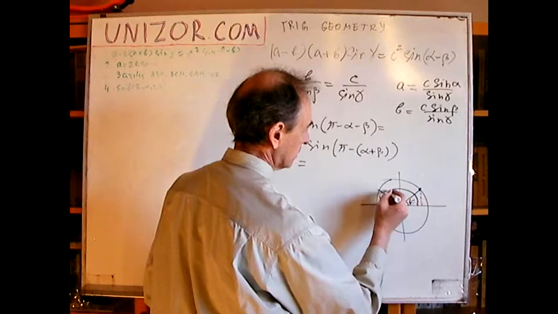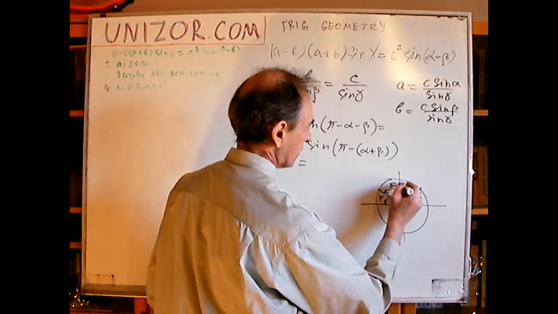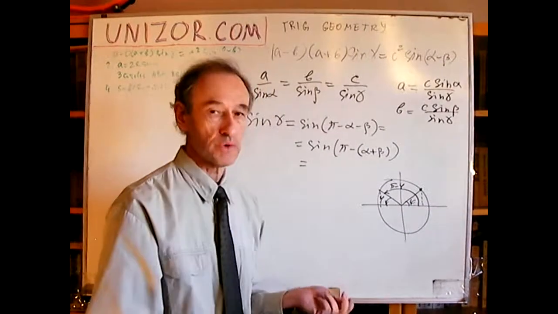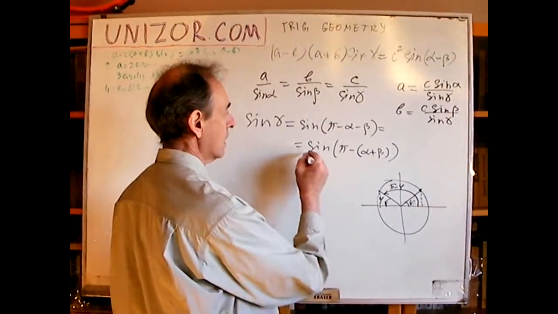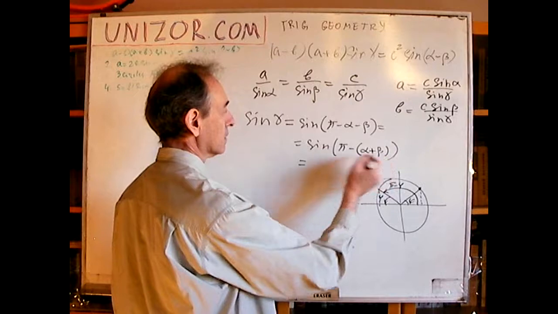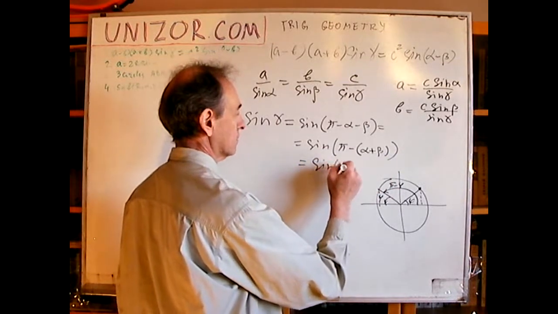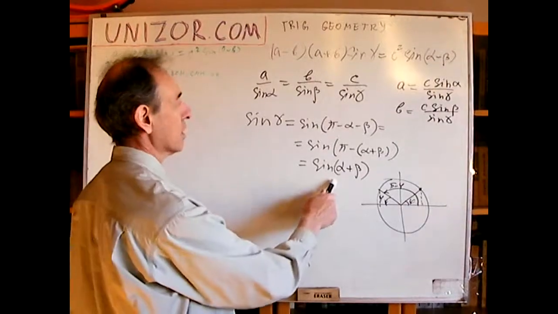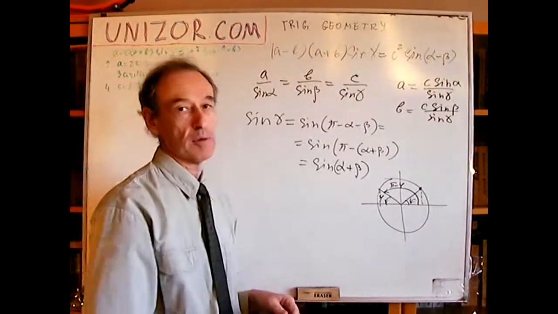Now this angle is pi minus phi, right? And the ordinates are obviously the same. We proved in many cases that the sine of pi minus some angle is equal to the sine of this angle. So that's another thing which I'm going to use instead of sine of gamma.